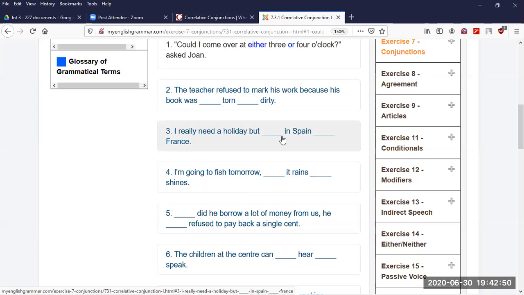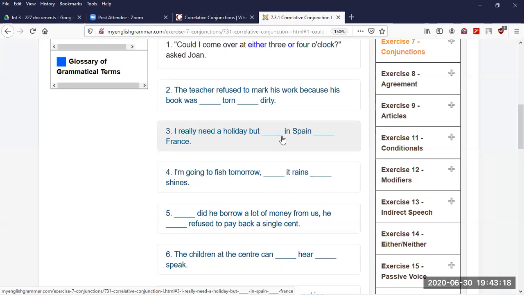But the book is torn, the book is dirty. Well, it's either, so. No, because if we use either, then it's one or the other. It can't be the two things. Oh, okay. I understand. So for number 2, we're going to say it's both torn and dirty.